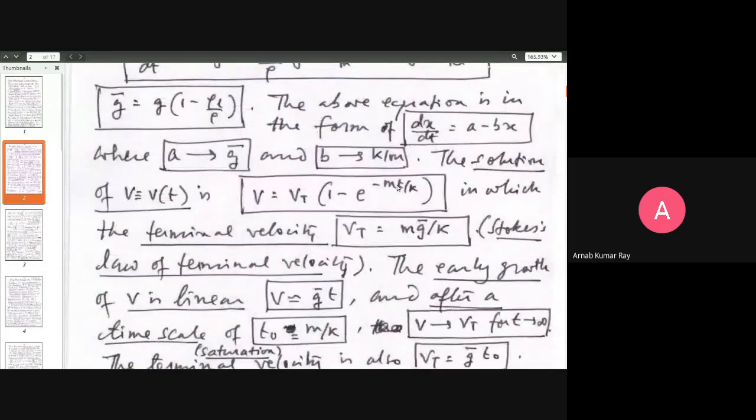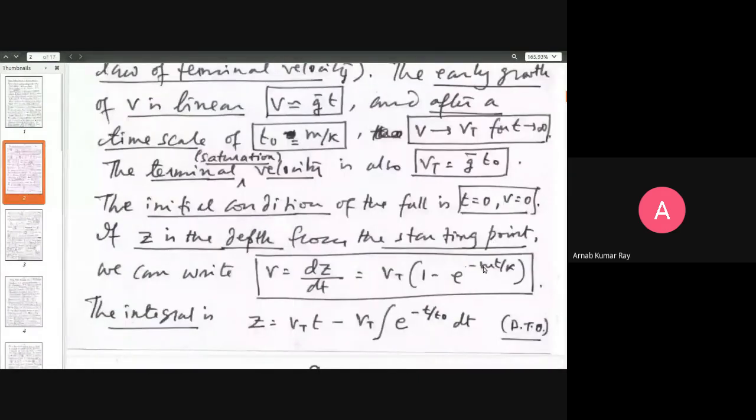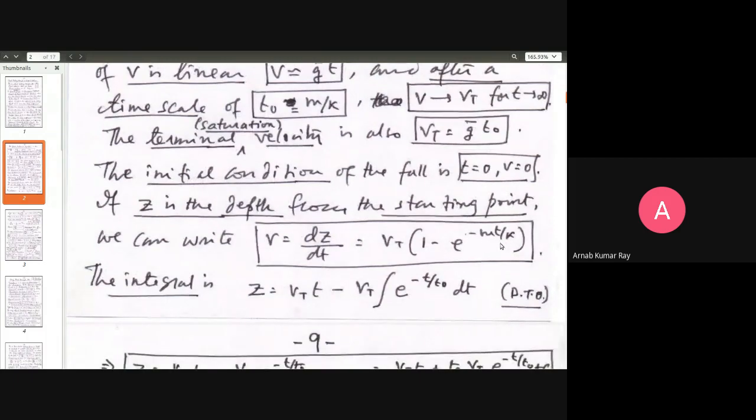It should be minus kt by m, and this also should be 1 minus e raised to minus kt by m. So at two places you have this error. However, after this, I've written this whole thing as t by t naught. That's how it should be. t by t naught, meaning kt by m, since t naught is m by k.